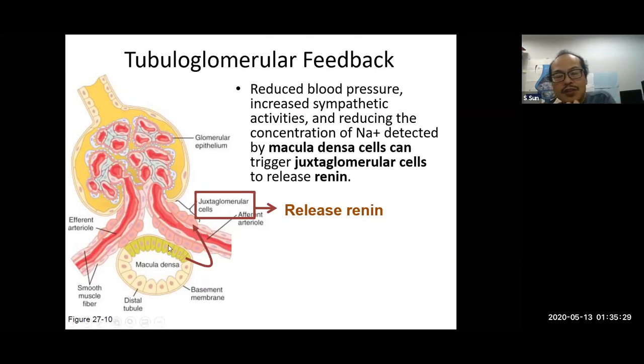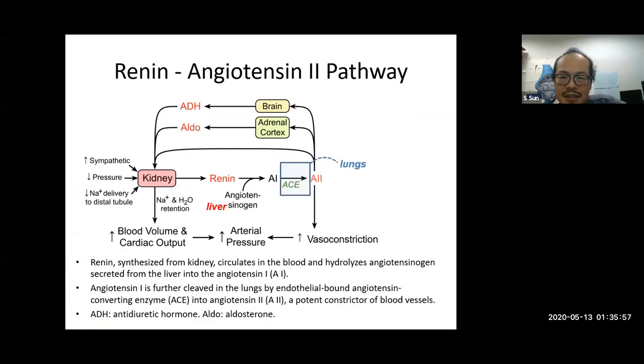The major function of the macula densa is to act like a thermometer, like Simon mentioned, and then it will cause the juxtaglomerular cells to release renin. And then you know the rest, because here is the renin-angiotensin 2 pathway.